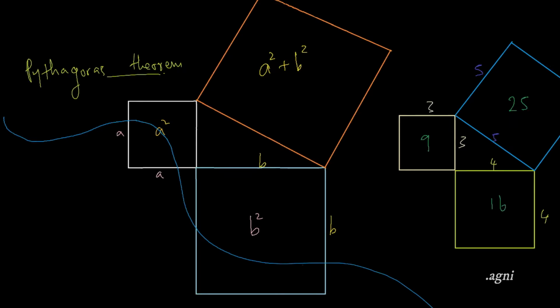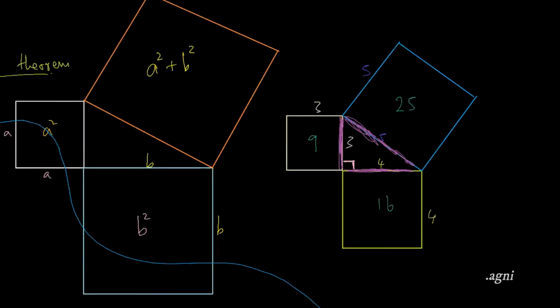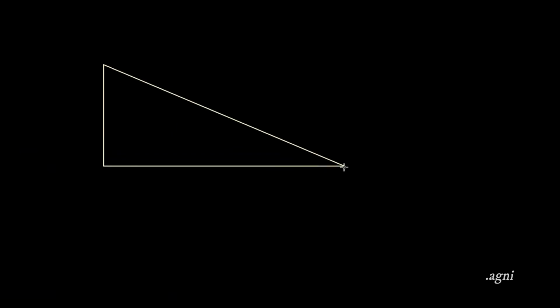If you consider this triangle, it is a special triangle known as a right angle triangle, where one angle is 90 degrees. This is where we come into the core of the Pythagoras theorem. This works for any right angle triangle.